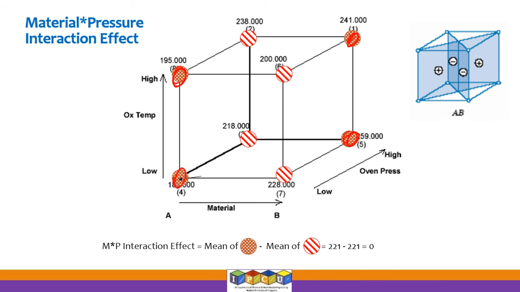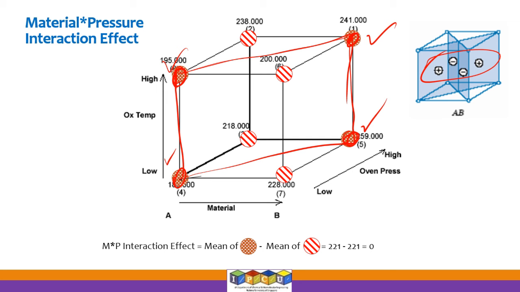The red line filled circles show experiments where material times pressure is -1. So you take these 4 readings because they correspond to the plus, and that's what is shown in this figure also. These 4 readings are where m times p is positive.